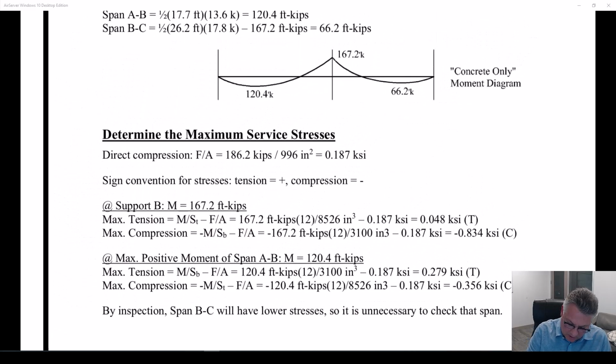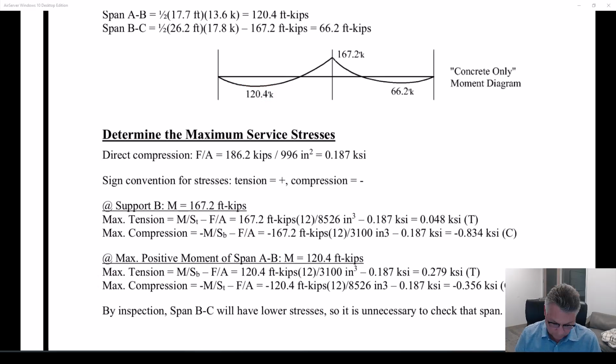But so I'm now at 120.4 foot kips. I'm at the maximum moment in span 1. The maximum tension, because the moment diagram tells me that the M over S portion will have tension at the bottom of the beam.